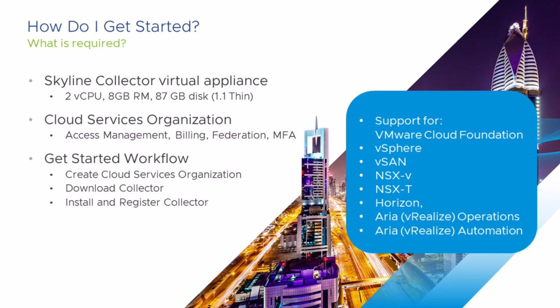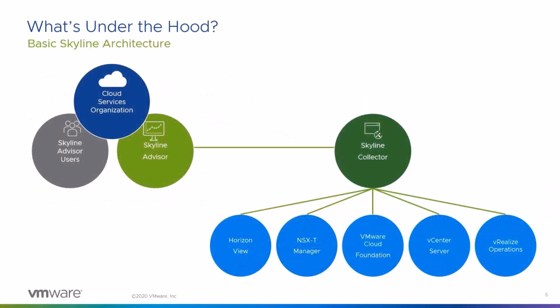And then finally, we have the getting started workflow, which in and of itself is a three-step process. You create a cloud services organization if you haven't already done so, and then you download, install, and register the collector appliance.